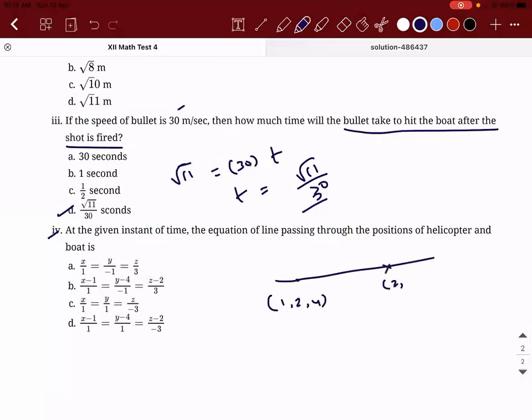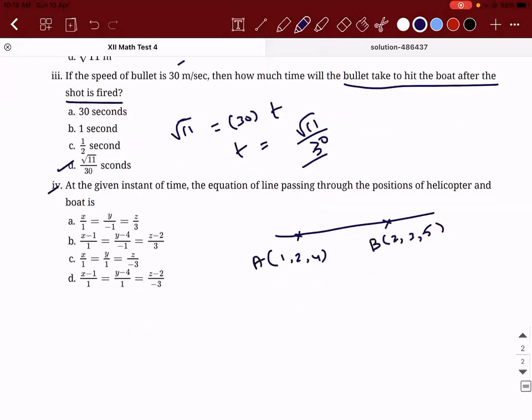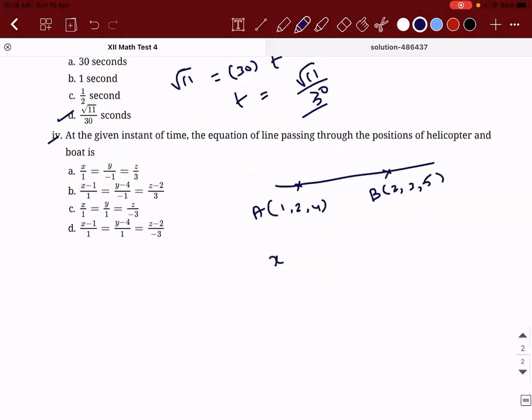So this is going to be the line AB. Then (x minus 1) divided by 1 is equal to (y minus 2) divided by 1, is equal to (z minus 4) divided by 1.